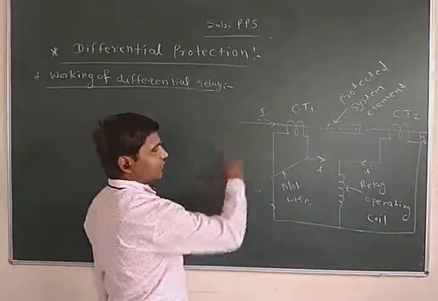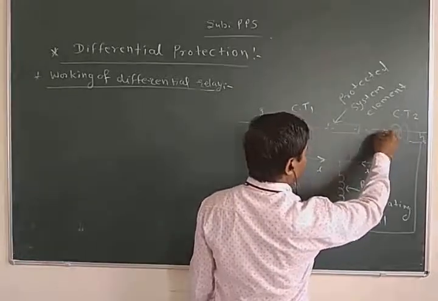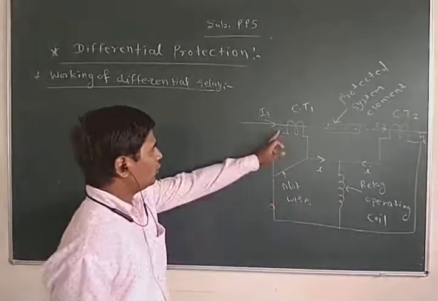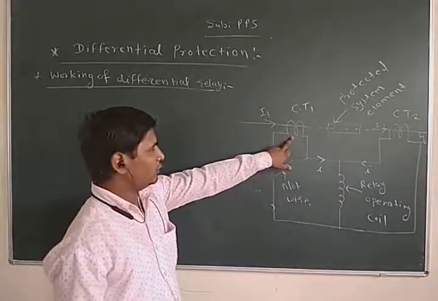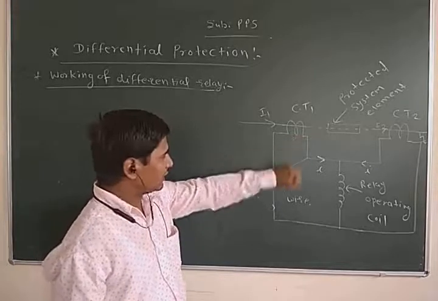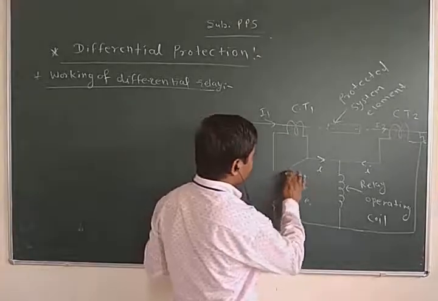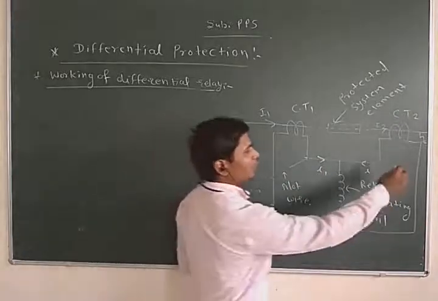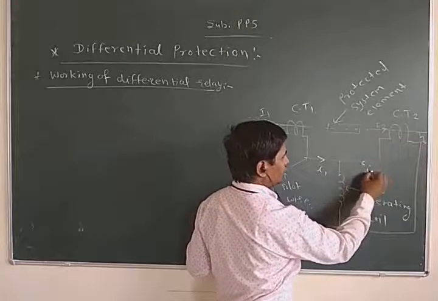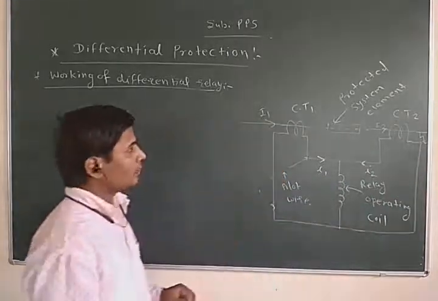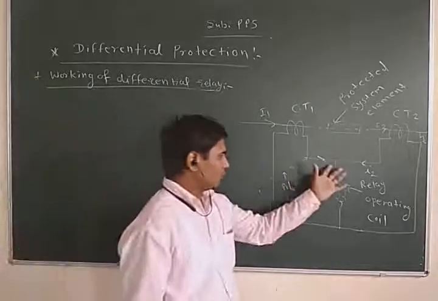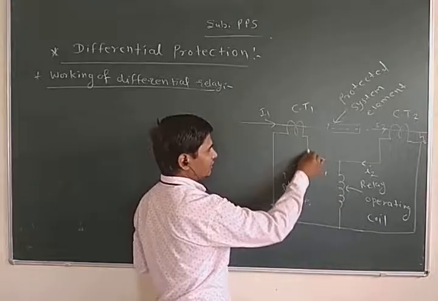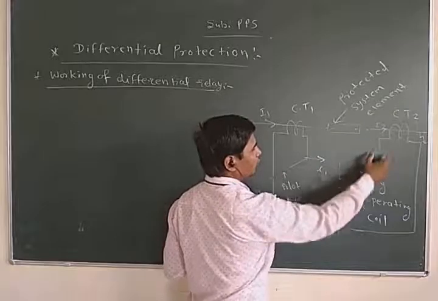Input of CT1 is I and the input of CT2 is also I. Due to current flow in CT, EMF is induced in the secondary of the CT and current flows. So output current of CT1 is suppose I1. Similarly, for CT2, output current is I2. This is the relay operating coil, and these wires we use to connect the output of two CTs.